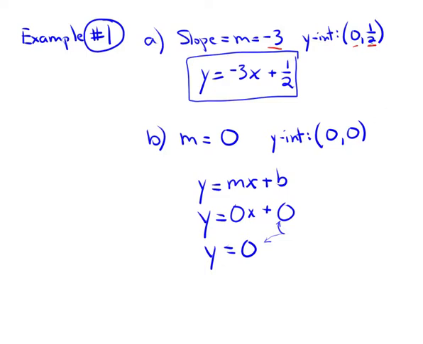Just like up here, this 1/2 was this position for b. So this b, and when we added it to the 0, it was the 1/2 for our y-intercept. So this 0 is a specific number, which is this 0 right here. And that correlates with this 0 right here. So this 0 is our y-intercept when x equals 0, because that's stated right here.